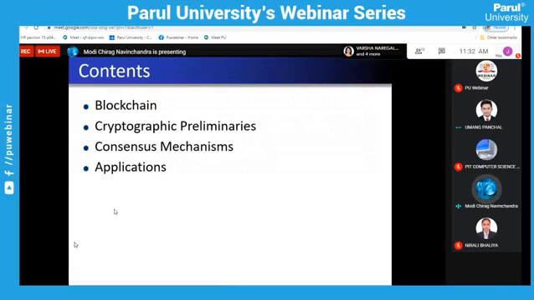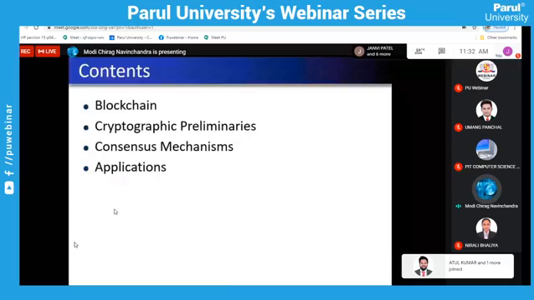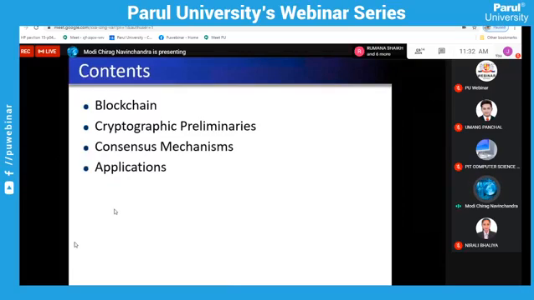Game theory, as blockchain makes decisions among untrusted entities in a distributed environment. Let's say suppose 10 people are there and they would like to choose one particular person who is the winner of that particular event. But those 10 people are not trusting each other. So this is like a problem of game theory.